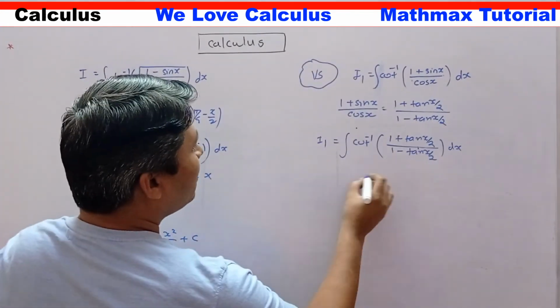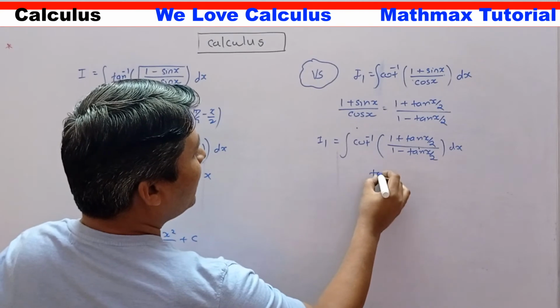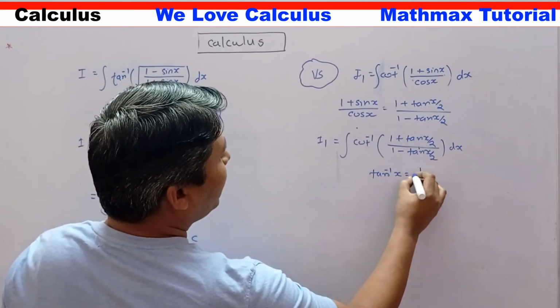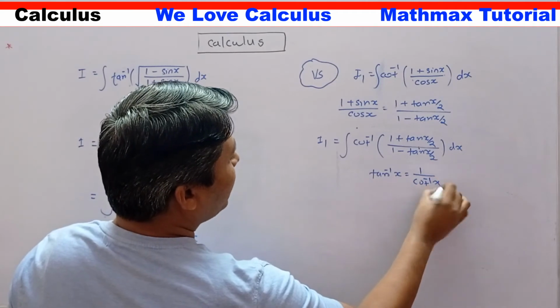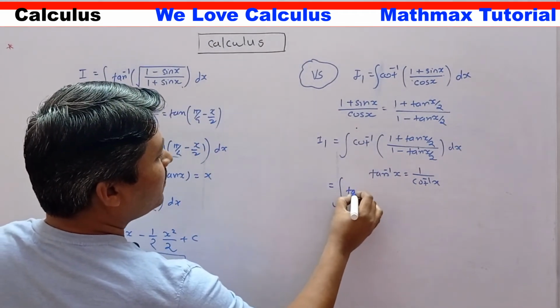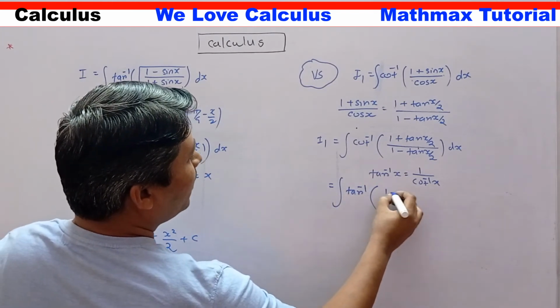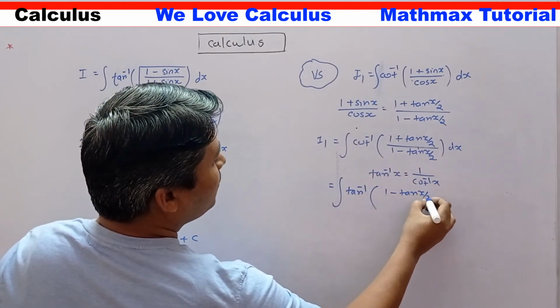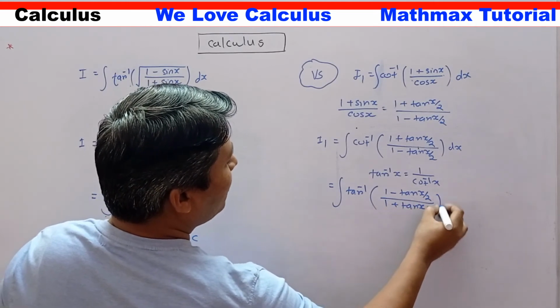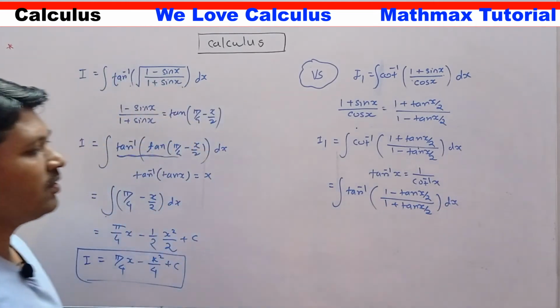But we know the related formula that cot inverse x is equal to tan inverse of 1 by x. Then this term becomes tan inverse of 1 minus tan x by 2 divided by 1 plus tan x by 2, dx.